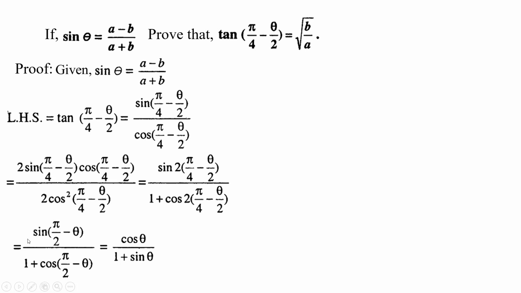And using the quadrant, replace sin pi by 2 minus theta by cos theta. Here pi by 2, that is a single 90 degree, and then if single 90 degree, then the ratio will be changed. It will be cos theta, and it will be positive because this is in first quadrant, and in first quadrant every ratio is positive, and you can write sin theta in place of cos pi by 2 minus theta.